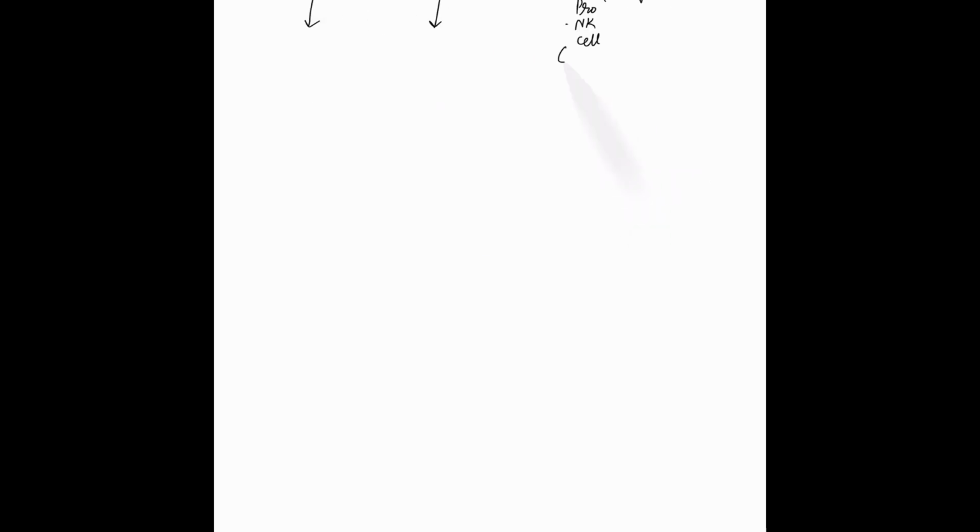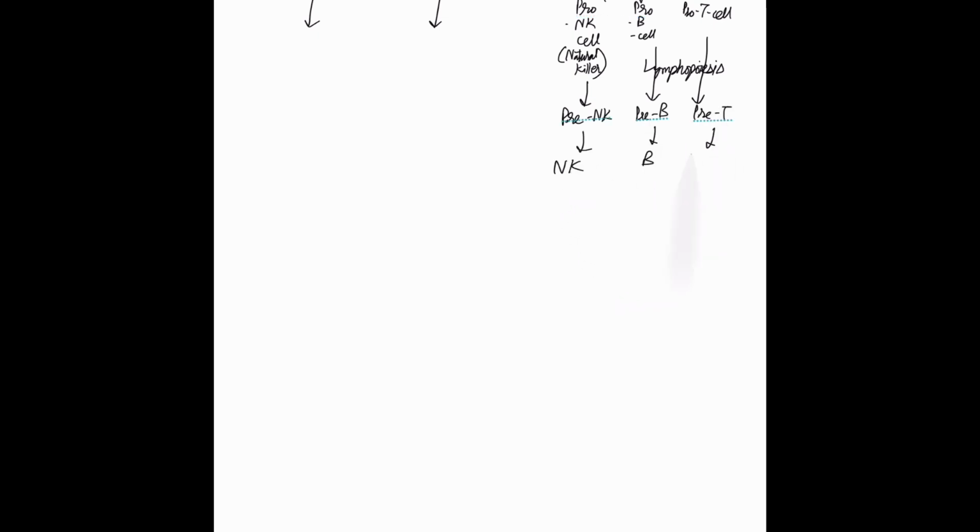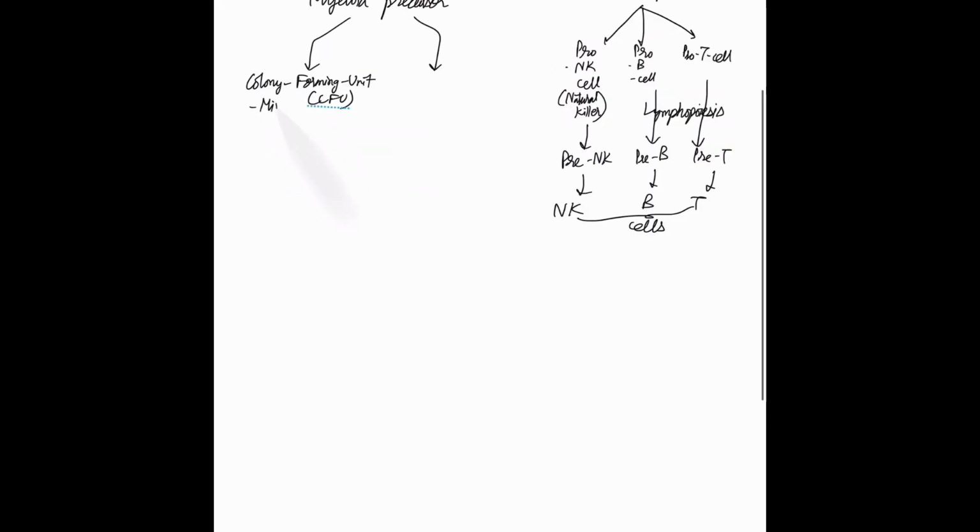From lymphoid precursors, we get pro-NK cells, pro-B cells, and pro-T cells. NK cells are basically natural killer cells. The differentiation of pro-B and pro-T cells is called lymphopoiesis because they form pre-B and pre-T cells, which differentiate into B and T cells, which we know as lymphocytes. And of course, we have pre-NK and then the NK cells themselves.